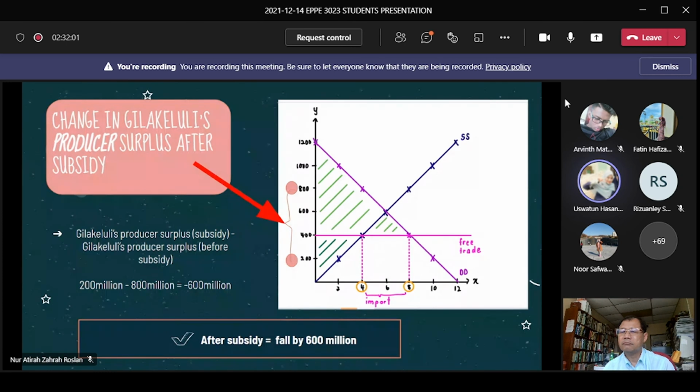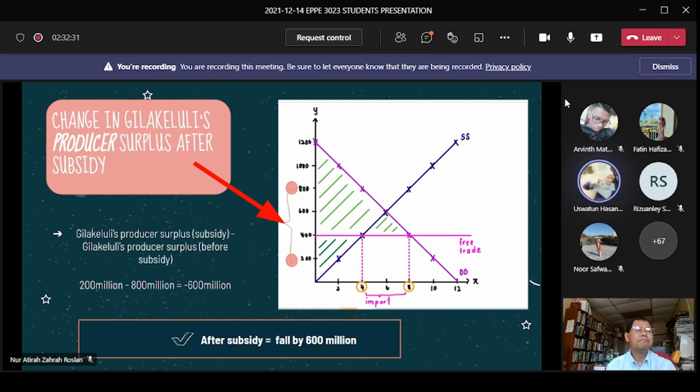Can I try? Okay, after the government grants the subsidy, the supply in the steel market increases. Because we know that a large country has price manipulation, it will affect the world market. When the supply increases, the price decreases, and this will also affect the Gila Kaluli country.